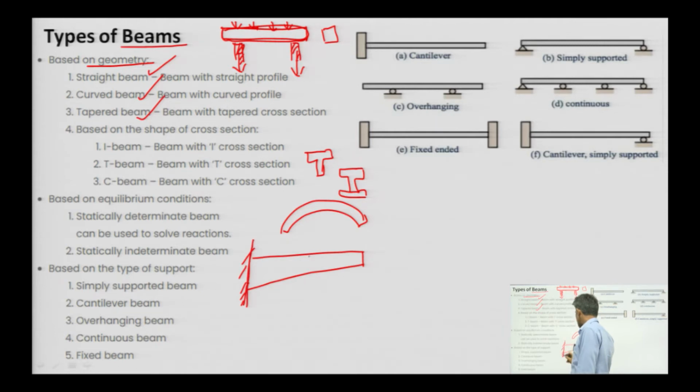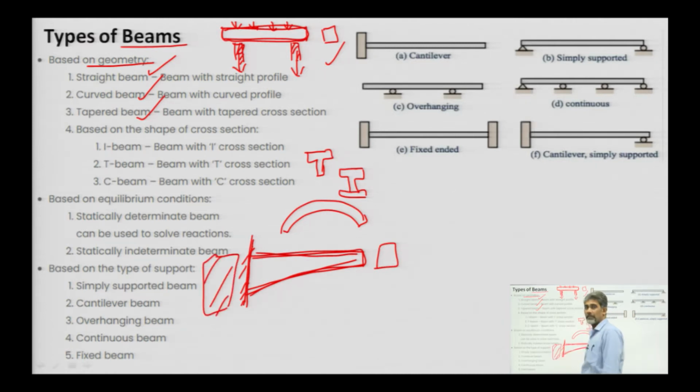If it is fixed, in the case of a chhajja, we call it chhajja. It is a cantilever type of beam. Here we have a tapered section. If the rectangular section is this, here the section is this one, a tapered section.